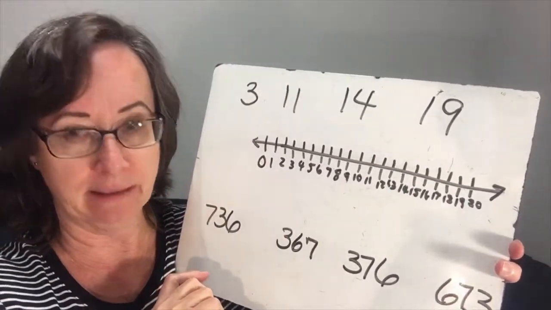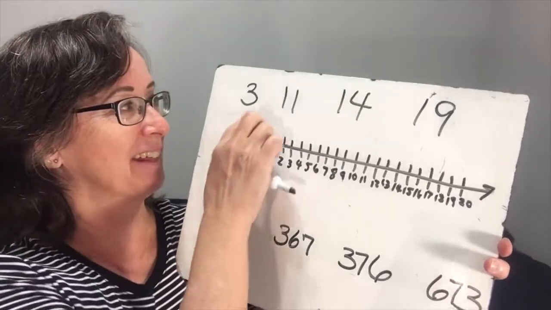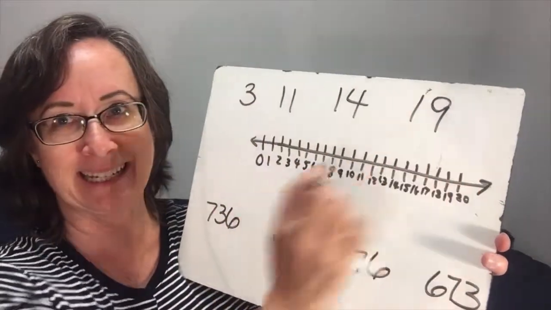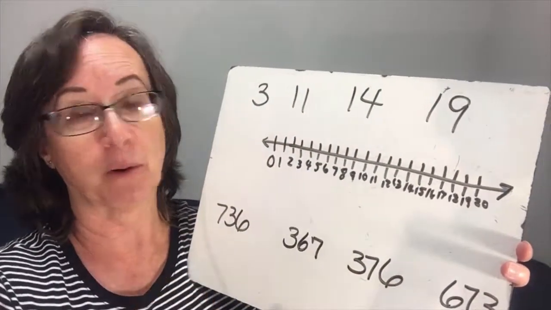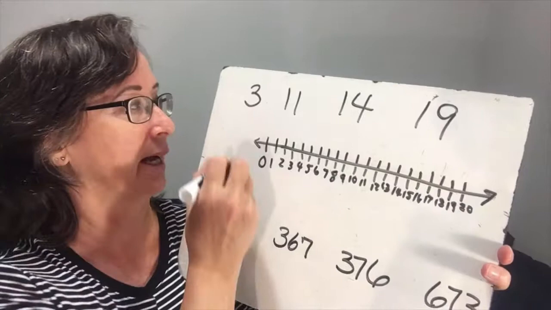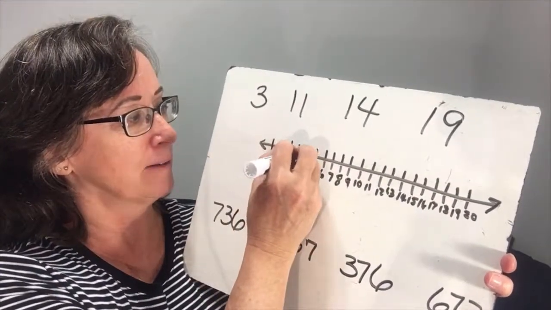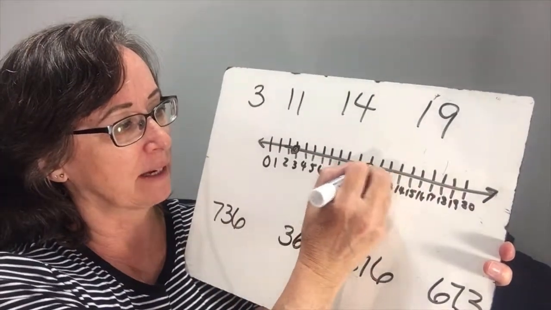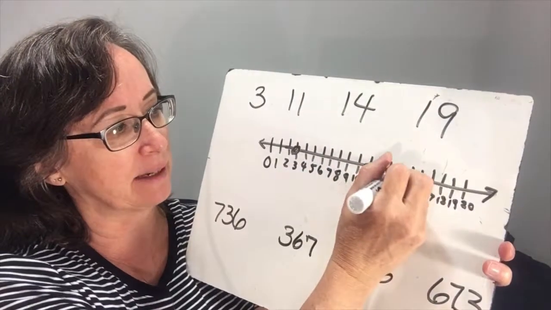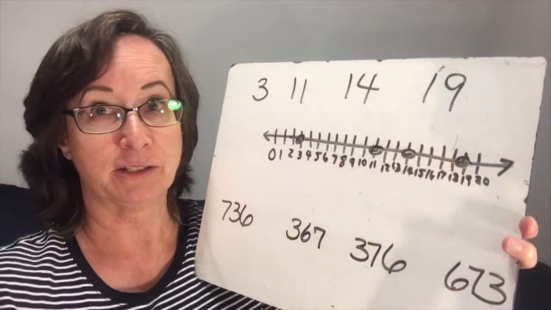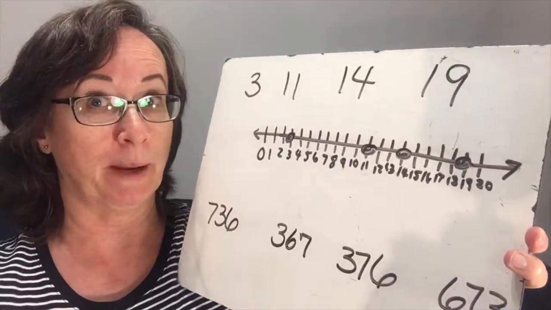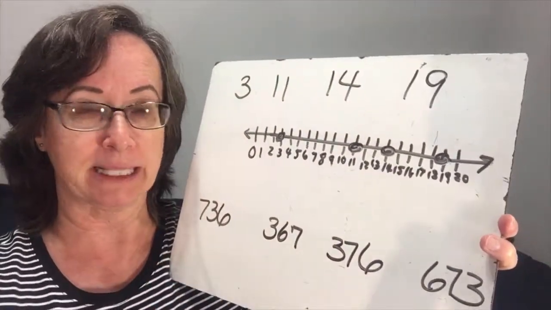They are already in the correct order, aren't they? 3, 11, 14, and 19 are already in least to greatest order. So let's just put them on the number line. So 3 goes here, 11 goes after it, 14 goes after that one, and 19 goes after that one. So they were already in what we call numeric order from least to greatest.